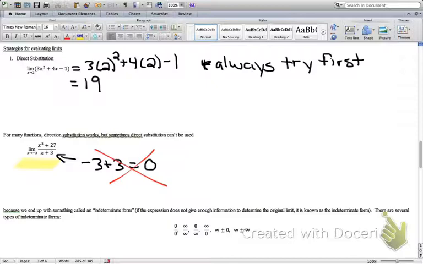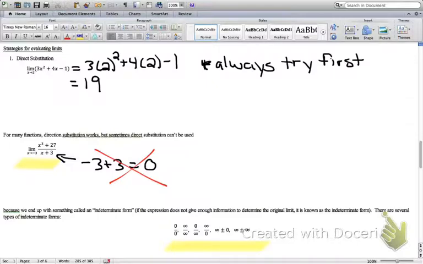So when this happens, it's called an indeterminate form. If the expression does not give enough information to determine the original limit, it is known as an indeterminate form. There are several types of indeterminate forms. You can look right here.